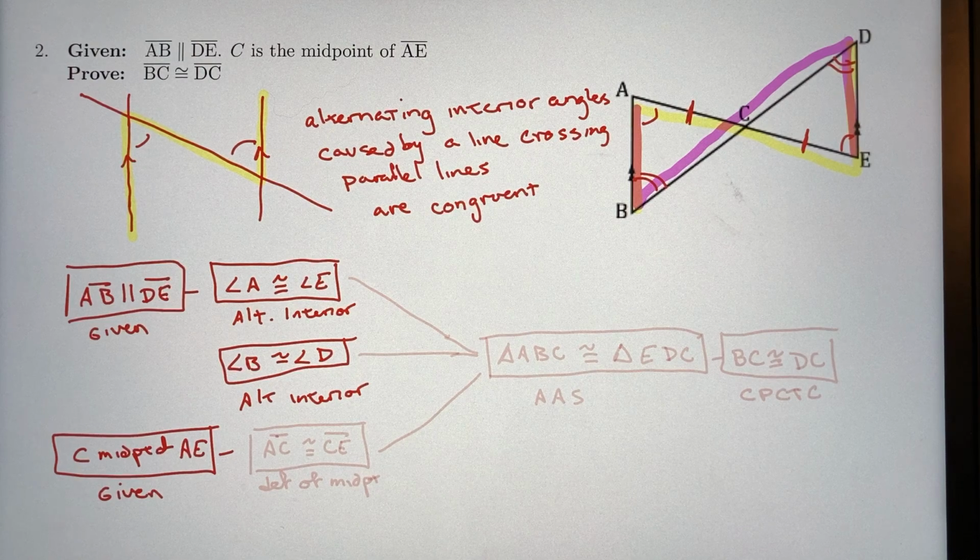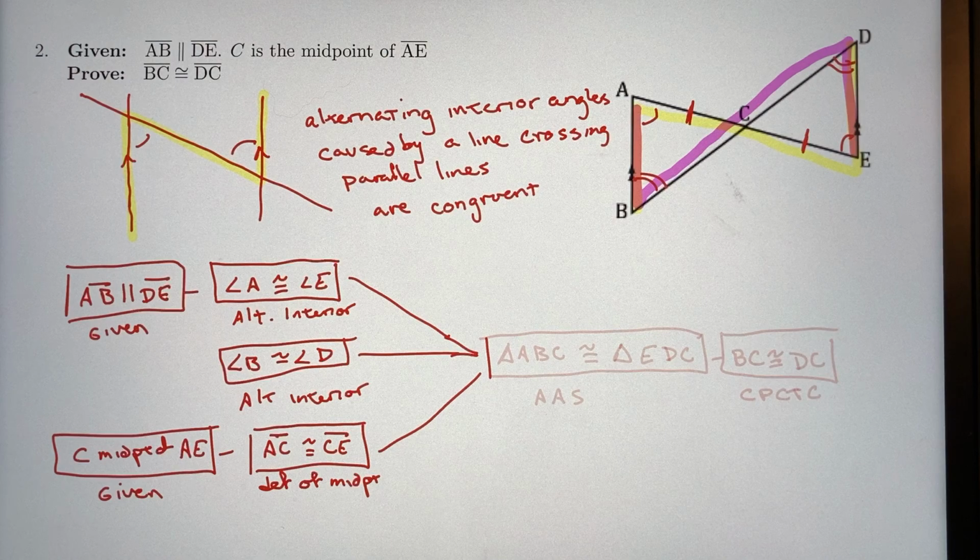So C is cutting AE in half, so AC is the same as CE. And that's the definition of midpoint. And now we have three pieces of information, and it is angle angle side again because AC is not between the two marked angles.